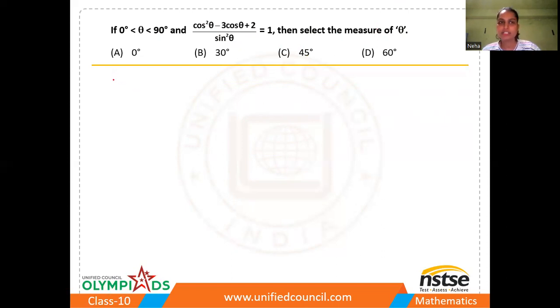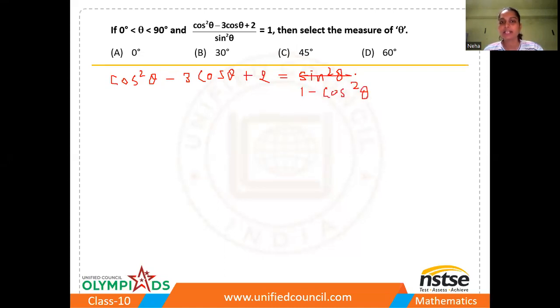So one equation is given: cos square theta minus 3 cos theta plus 2, this I can write equals sin square theta. Here I'm just doing the cross multiplication only, that's it. And the sin square theta, can I write 1 minus cos square theta?